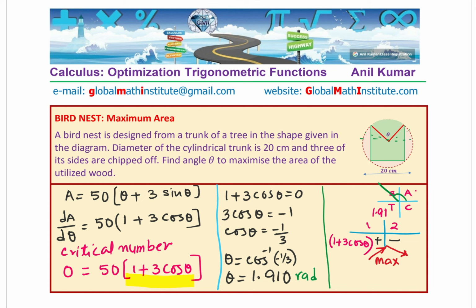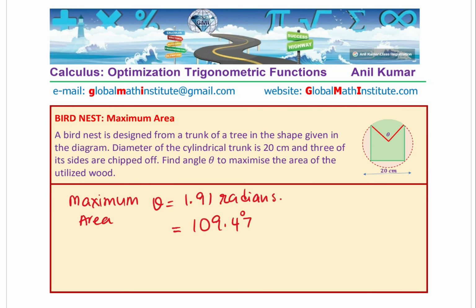So you get 109.47, which can be rounded to 109.5 degrees, correct? So that becomes the angle for maximum area, correct? For maximum area. Is that clear to you?